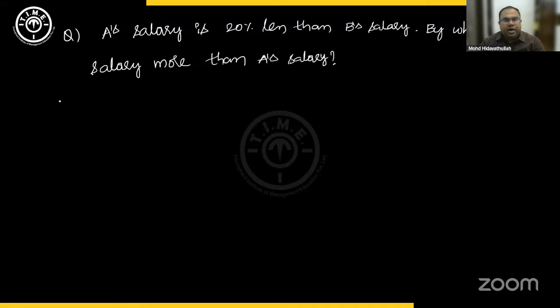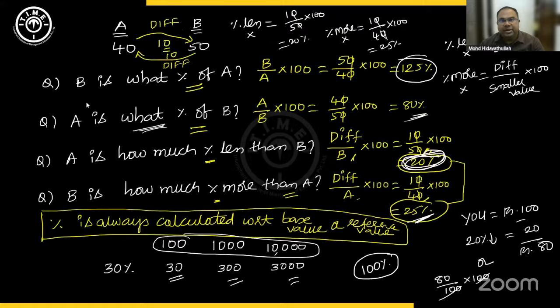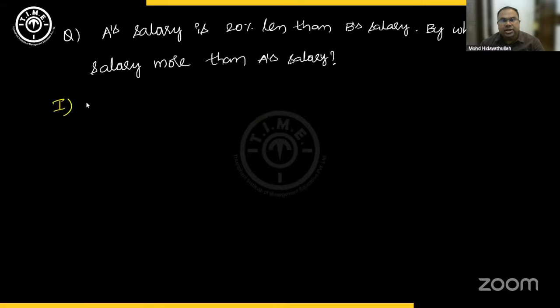Right. Now, in the earlier question, what happened? I gave you A value, B value, 40, 50, and I'm asking you questions. Now, in this question, I did not give A value, B value. I've just given the relation between A and B. A is 20% less than B. A is compared with B, so B is the base. In percentage, we always take the base as 100.